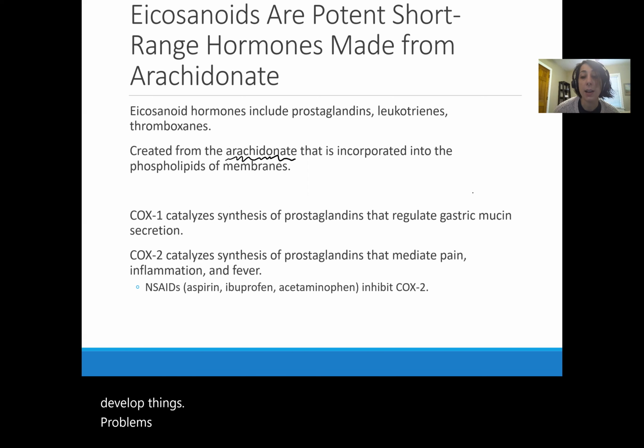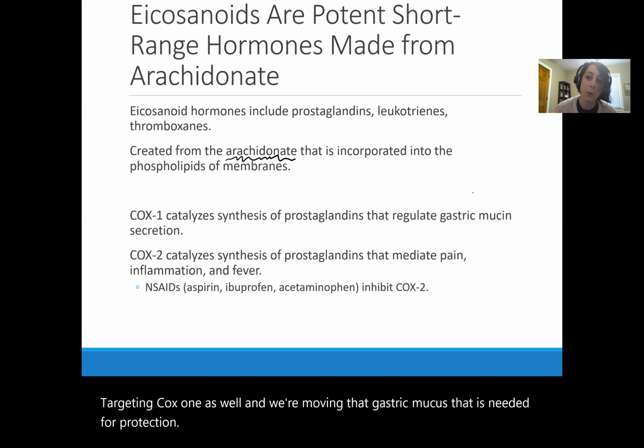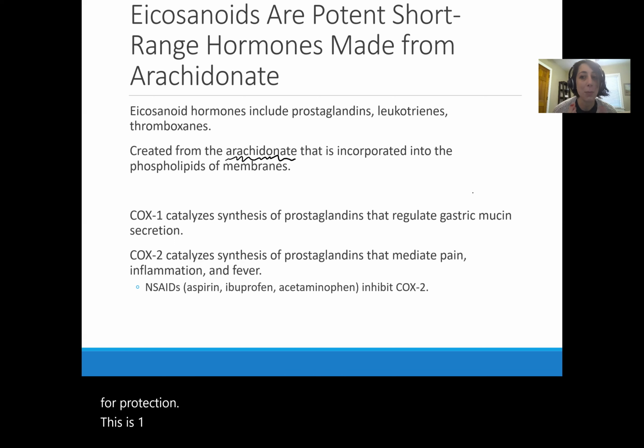You can have some scarring or ulceration that occurs because you're accidentally targeting COX-1 as well and removing that gastric mucus that is needed for protection. This is one role of prostaglandins, their importance, and how they are related in the world of medicine.